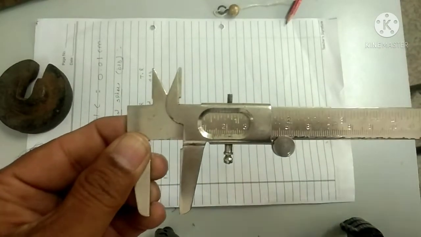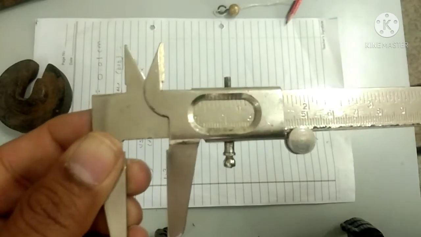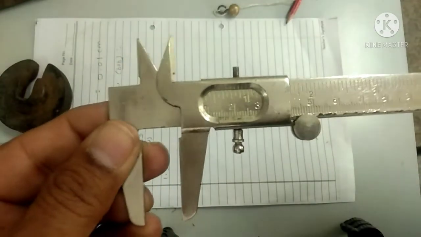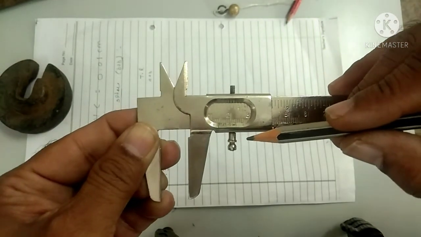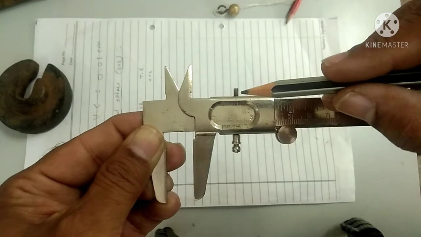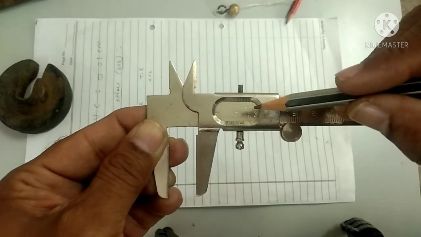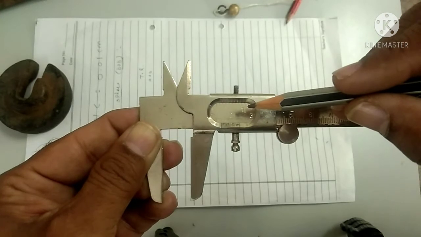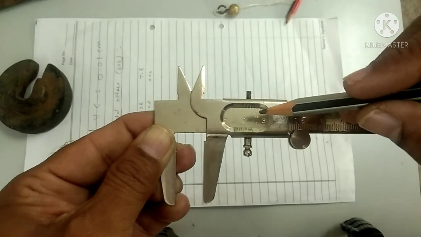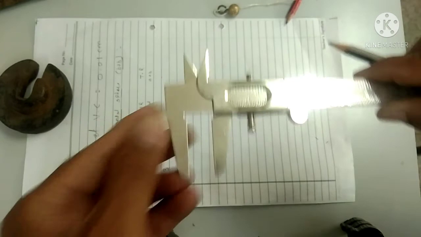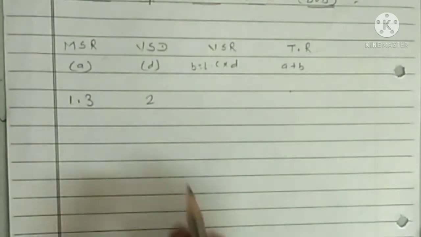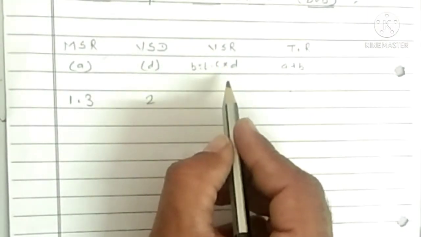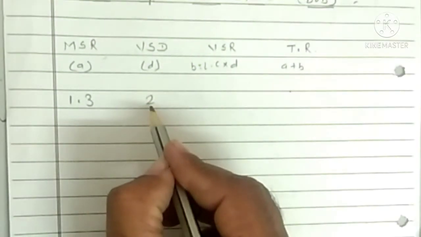After that we take the coinciding division. Here the third line of the vernier scale coincides completely with one of the lines of the main scale, so the coinciding division is 2. We write down the coinciding division, which is simply 2. Then VSR is 2 times LC.